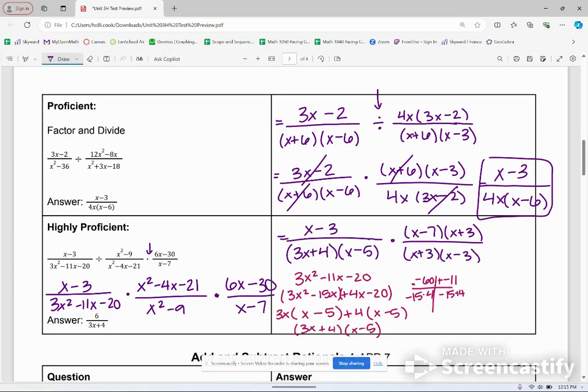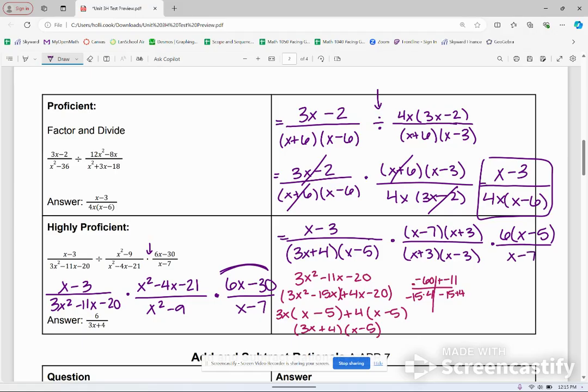Lastly, this top one on our third section, notice it does have a GCF. You do need to pull out that GCF to make sure you factor everything correctly. So we're going to pull out 6, and what's left is x minus 5. If you don't pull that out, then you're not going to get the x minus 5, and you're not going to know it cancels. So always check for a GCF, even if you're going to do the regular ABC factoring. Then the bottom is x minus 7.